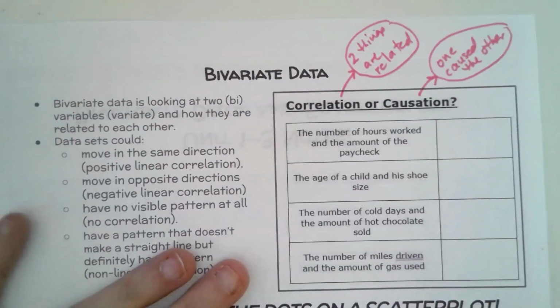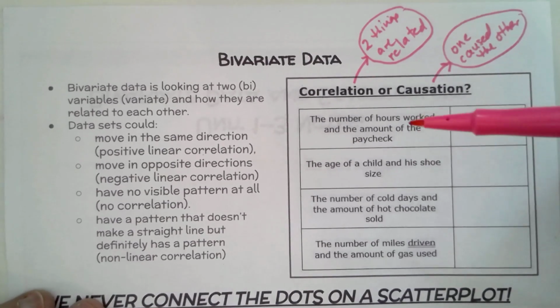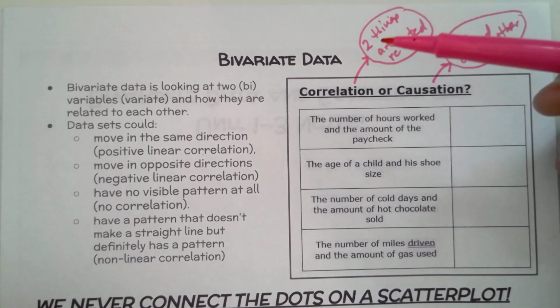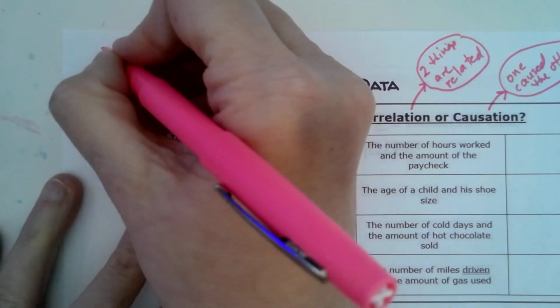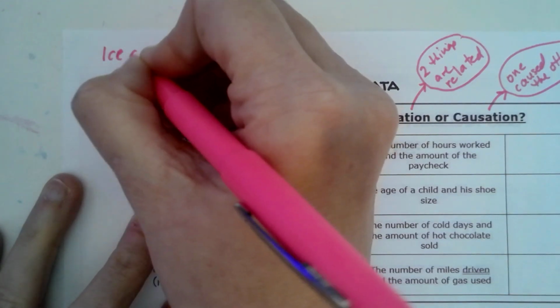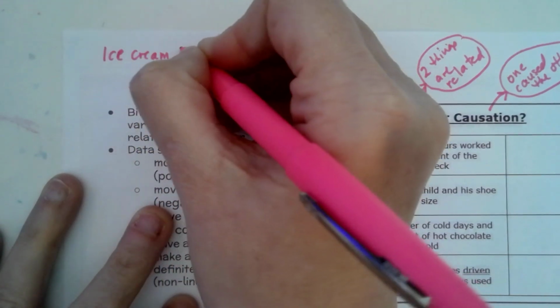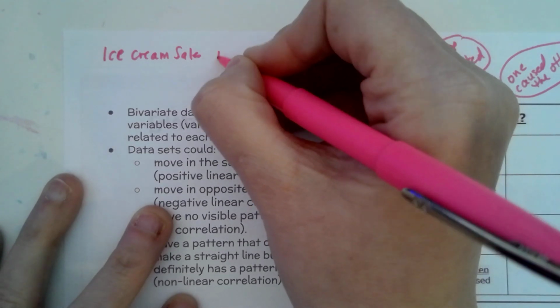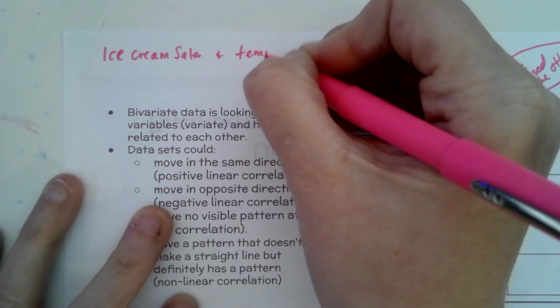There was one that we used to have where they talked about ice cream sales and temperature outside. Okay, so when it's hot outside, so let's see, ice cream sales and temperature.